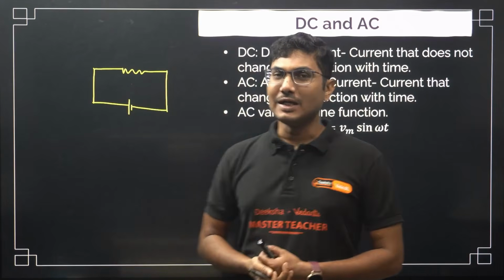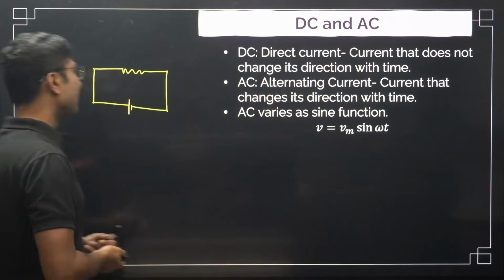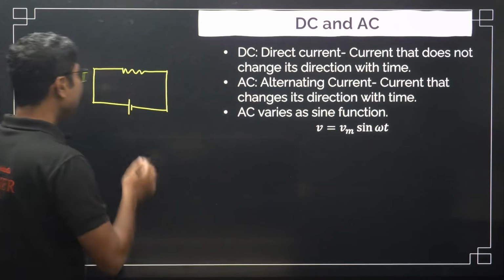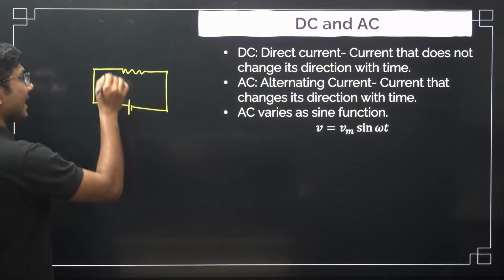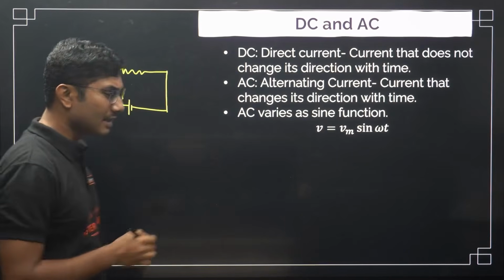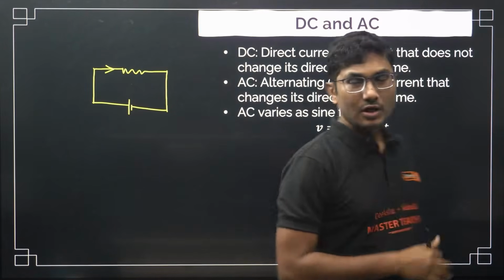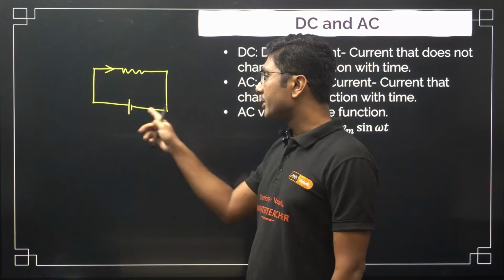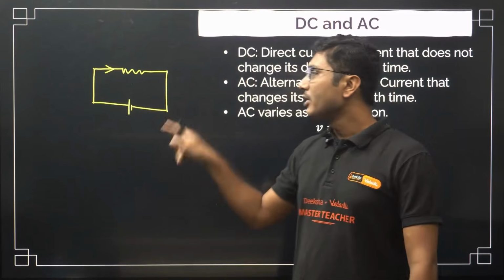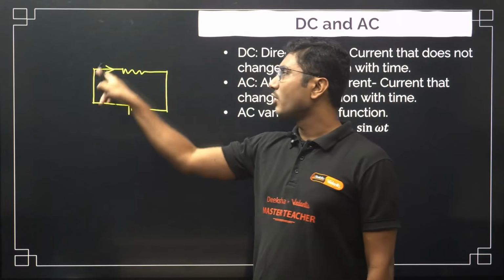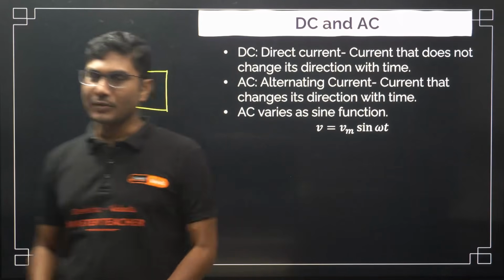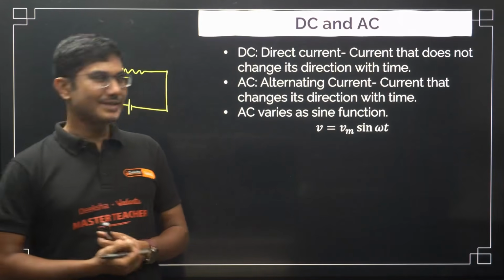The meaning of a DC circuit is that it can send current only in one particular direction. The long arm represents positive, the small arm represents negative. So the current will always pass from positive to negative in normal circuits. That's what we have learned in the current electricity chapter.